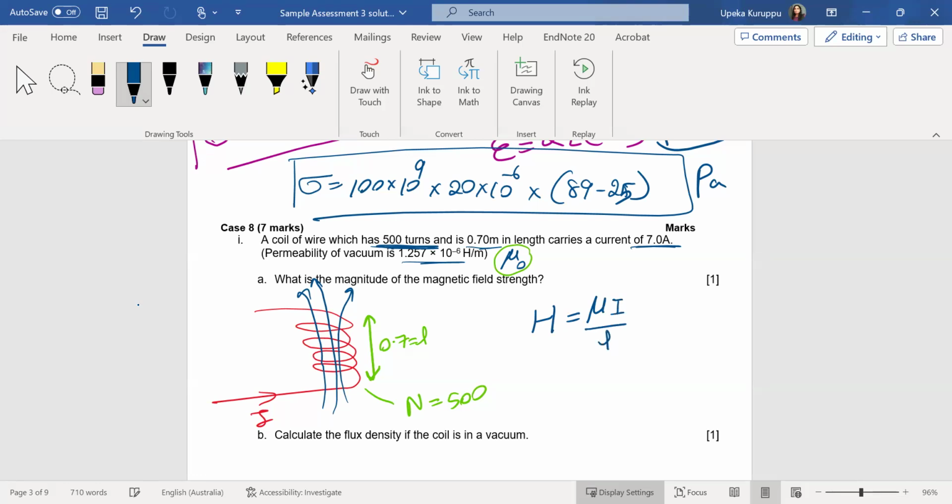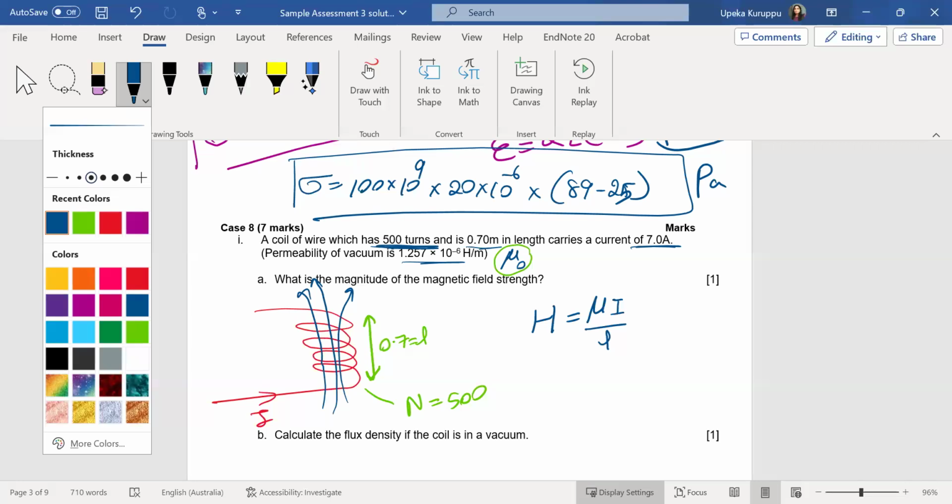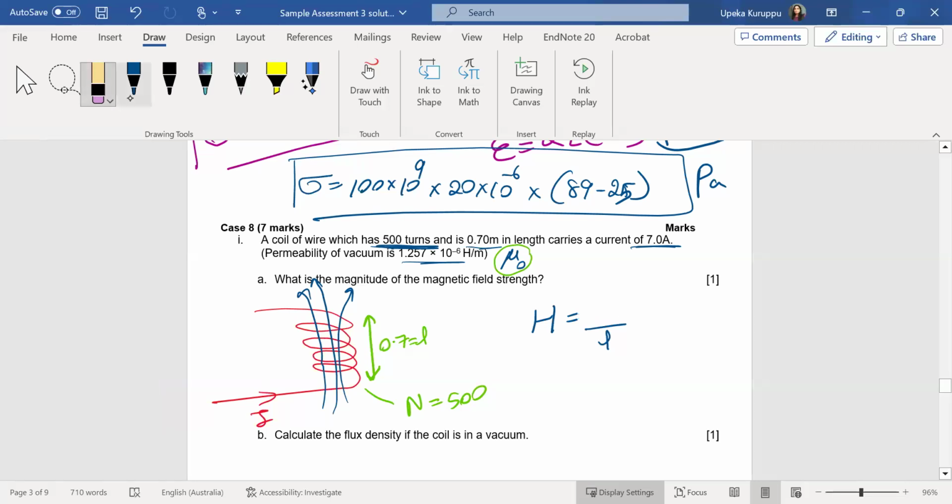This is what you have. N. You don't have mu at all. Yes, you don't have mu, and you have instead, sorry, I also forgotten the equations now, N I over L. Am I right? Okay, so N is the number of turns, I is the current, L is the length. Do we know everything here?